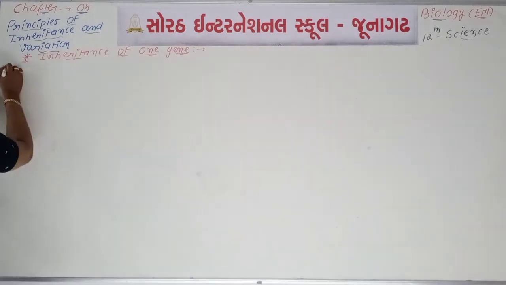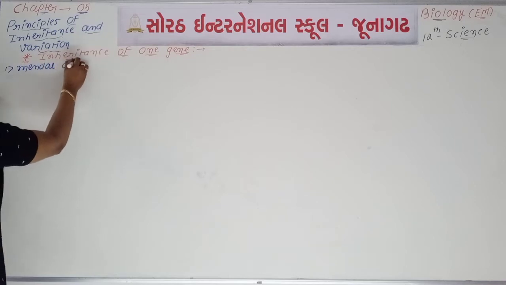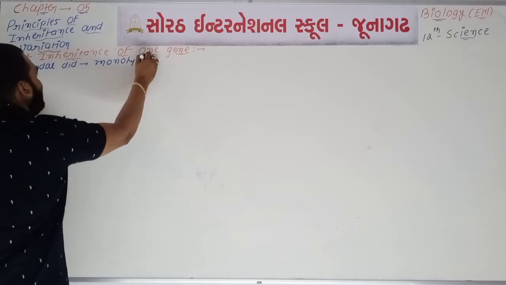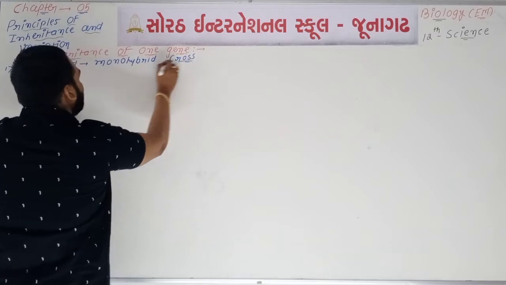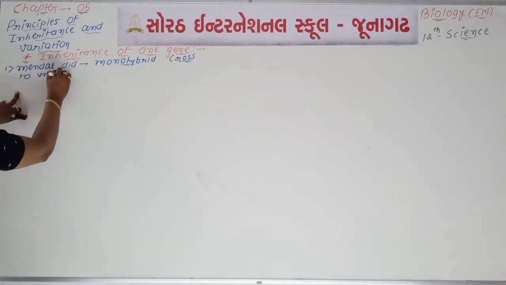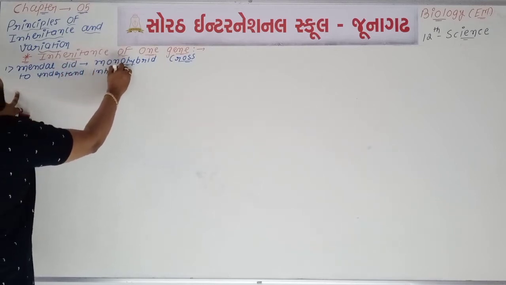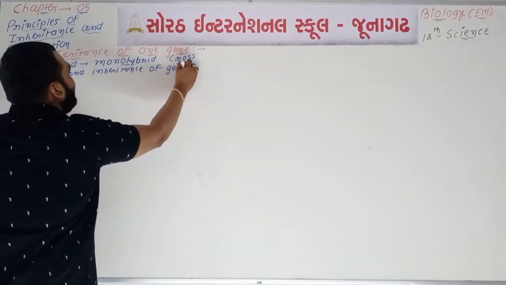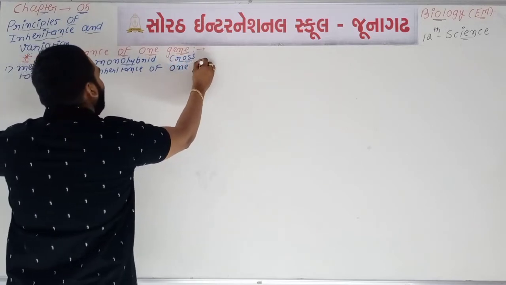First point: Mendel did monohybrid cross to understand inheritance of one gene. Mendel did what? He did monohybrid cross to understand the inheritance of one gene.